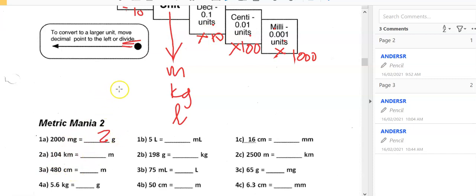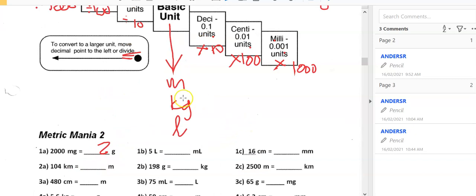Okay, that's how we do that. So to go from milligrams to grams, we're going from a small unit to a big unit, we must divide. It's 2,000 divided by 1,000, so it'll be 2 grams. So 2,000 milligrams is equal to 2 grams.